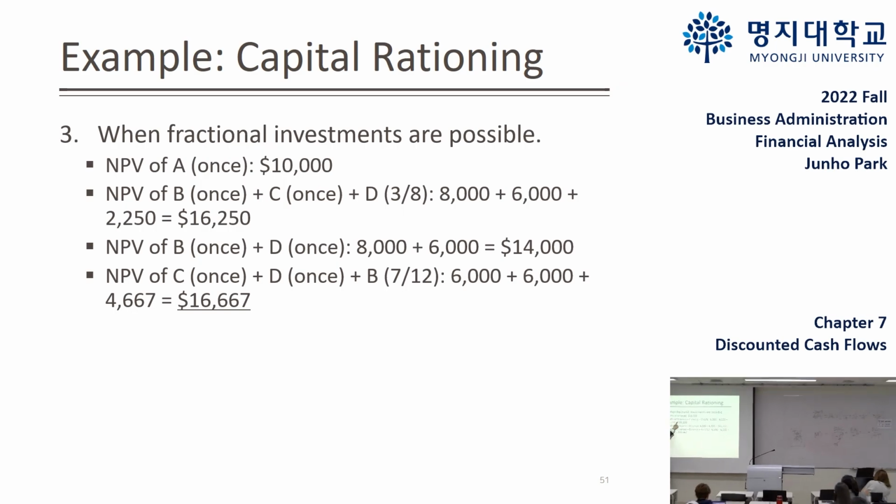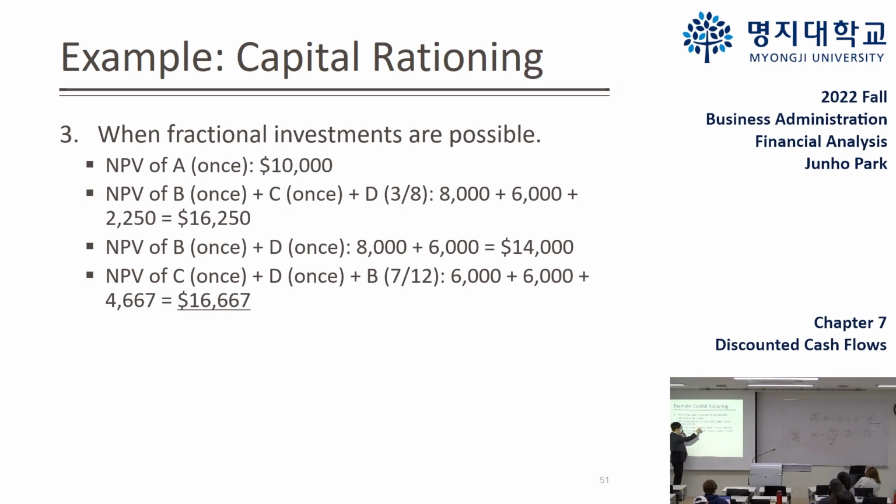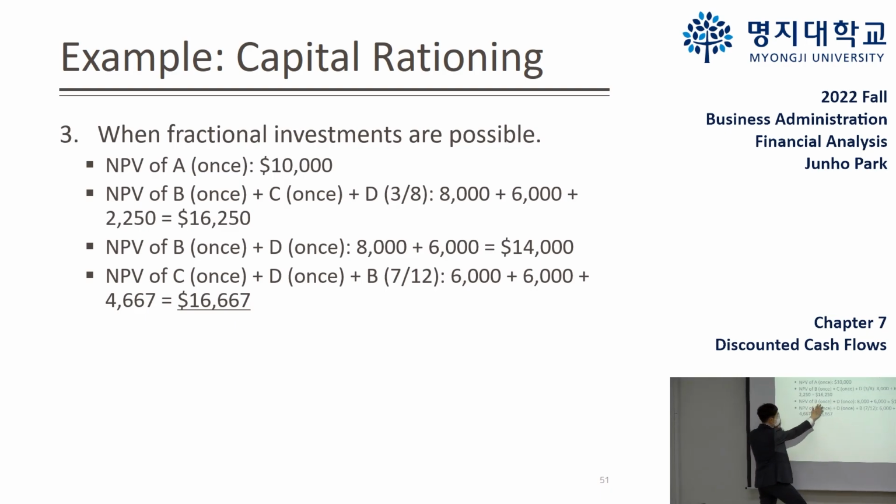If we choose B first, we can choose C, and because we have 30 left, we can have a 3 over 8 investment in D. Or we can have B first, and then we choose D, and that's the end because we don't have money left. And finally, we can choose C first, and then D, and because we have 70 left, we can have a 7 over 12 investment in B. So that's all the combinations available.